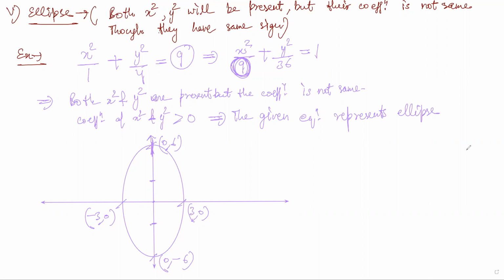Yes, can we proceed to the last figure? Okay. So this is a very rare figure. You will not get many questions on hyperbola, but nevertheless, you need to know about this.